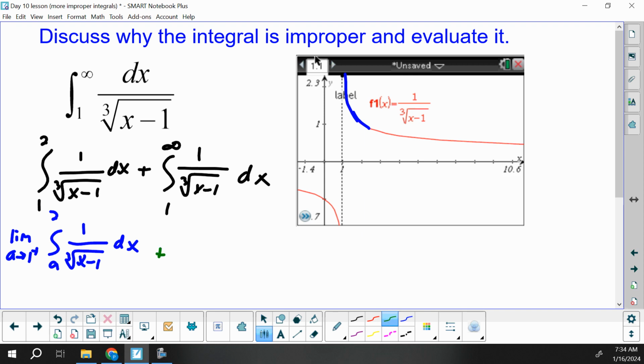For the other one, I made a mistake on this second integral. Sorry, we need to fix that. We were splitting it up at 2. So this bottom bound on the second integral should be a 2, not an infinity. Sorry about that. So this is going to be plus the limit as b approaches infinity, integral 2 to b of 1 over cubed root of x minus 1 dx.